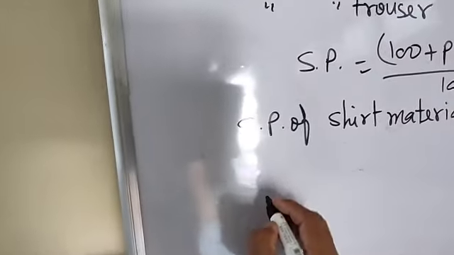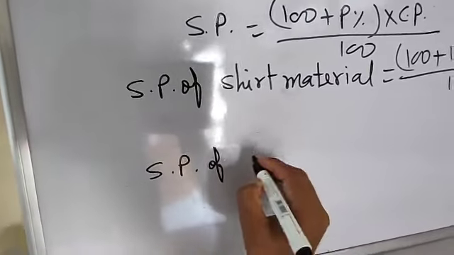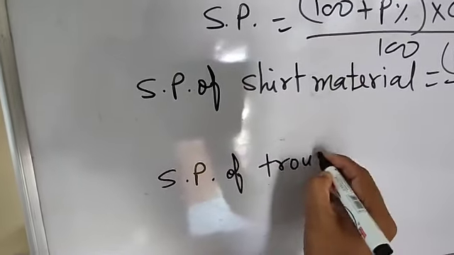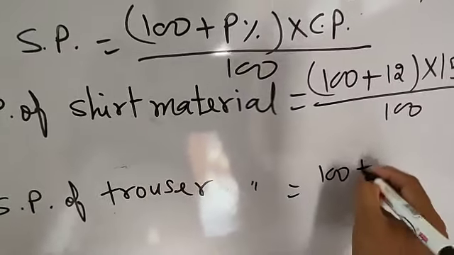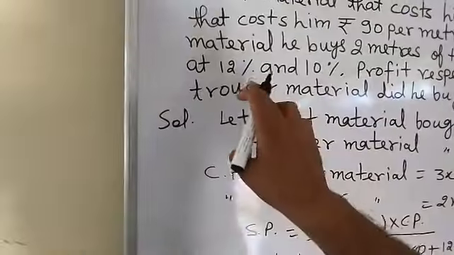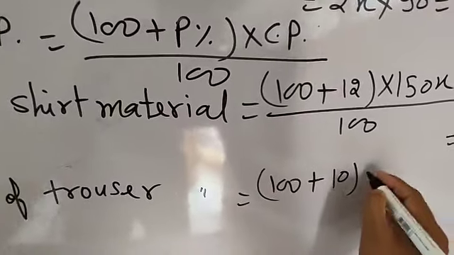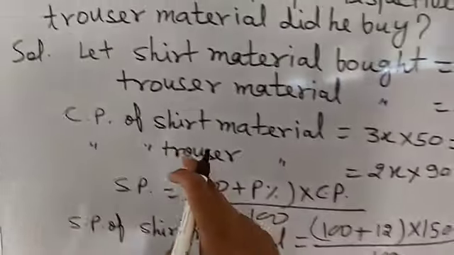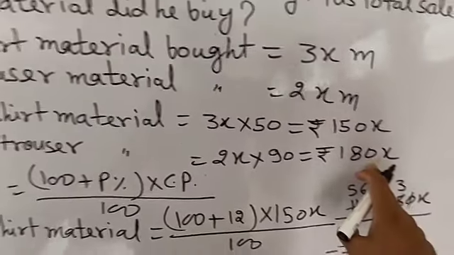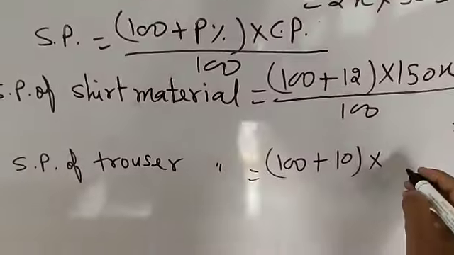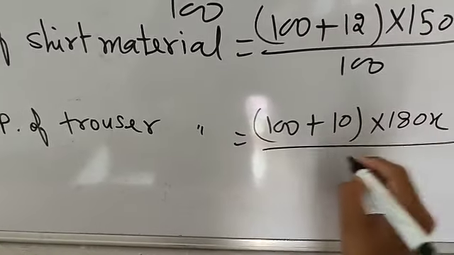So the selling price of trouser material equals 100 plus profit percent, and on the trouser material the profit percent is 10%. So (100 plus 10) into CP, and the CP for the trouser material is rupees 180x, upon 100.